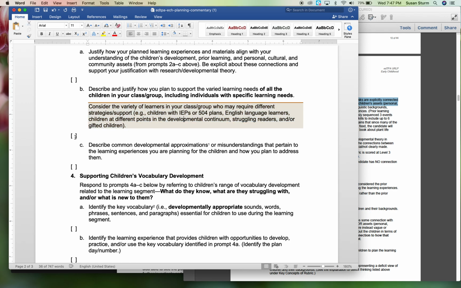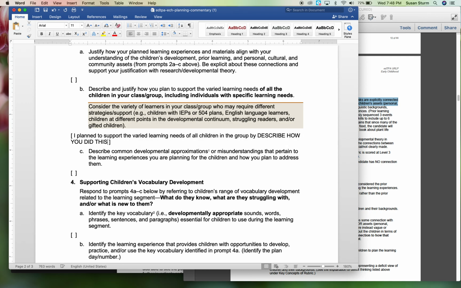So the best way to structure this is by the whole class and the individual students. So I planned to support the varied learning needs of all children in the group by, and then you would describe how you did this in your plans.